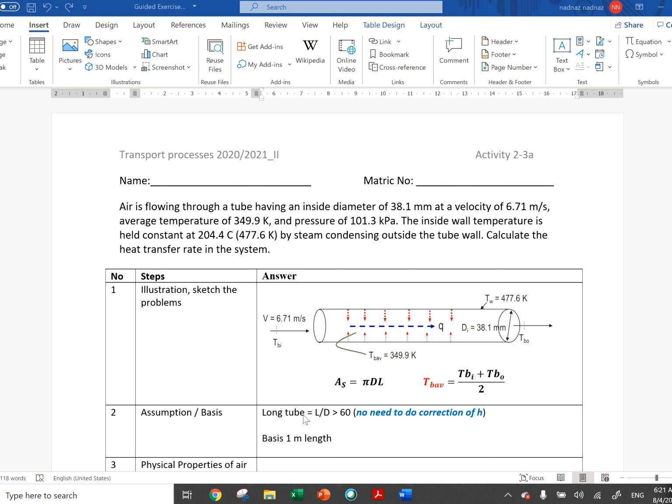If we make this assumption, which is a long tube, then we don't need to do the correction for convective heat transfer, which we would need if our problem here is turbulent and the L over D ratio is less than 60. So in order to simplify the calculation, we can assume that the length over diameter ratio is higher than 60, as we don't need to do the correction for h.